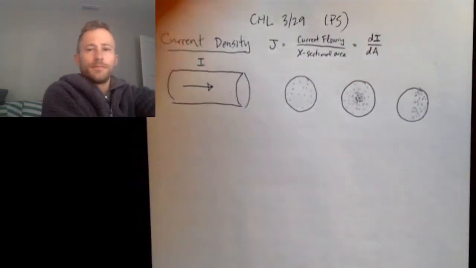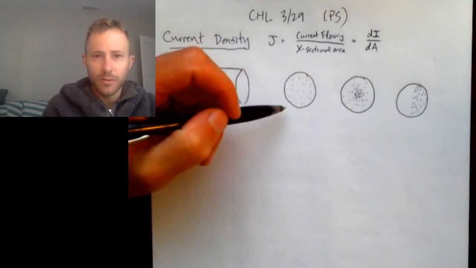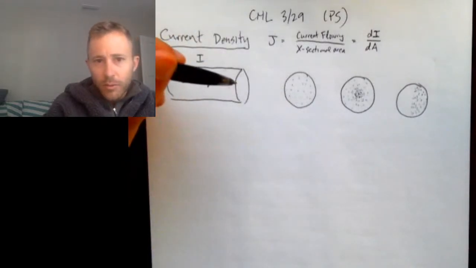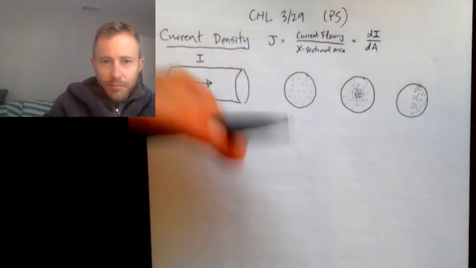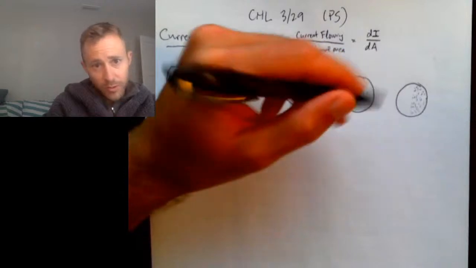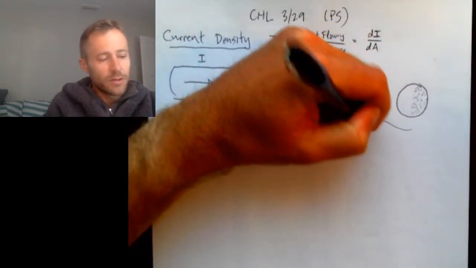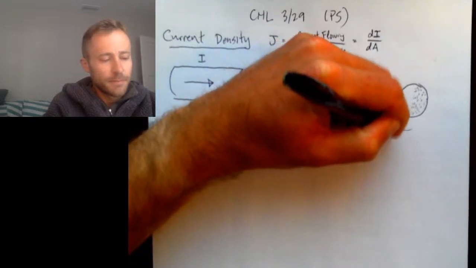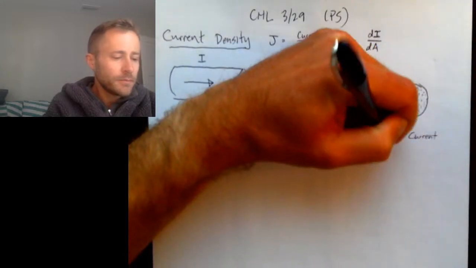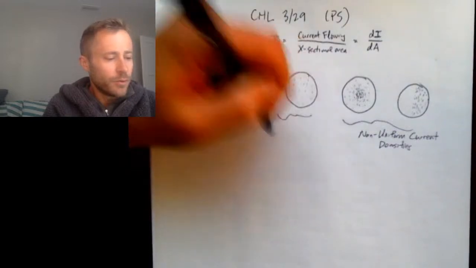And so this would be the case of a constant current density, because no matter where you are within the wire, you're getting the same amount of current. Here you have more current in the center. Here you have more current on one side than the other. So these would be non-uniform current densities, and this one would be uniform.